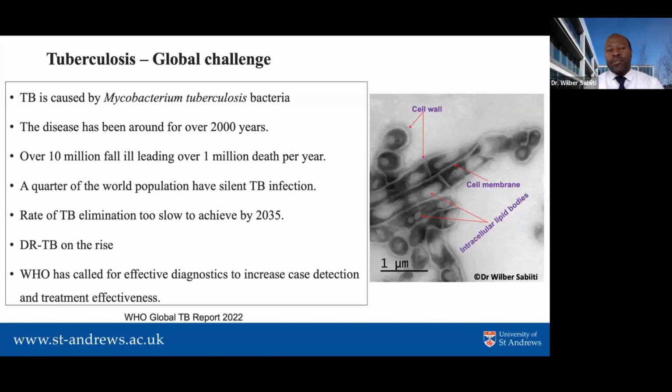So tuberculosis is caused by Mycobacterium tuberculosis bacteria. On the right here, there is an image of tuberculosis bacteria. This is an electron microscopy image taken after heating the tuberculosis bacteria at 95 degrees for 20 minutes. So you can see that they're hard not to crack. Even after 95 degrees of heating, they still look in quite good shape.